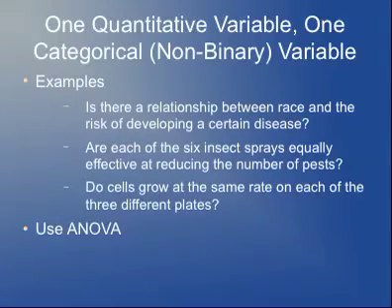And today we're going to do kind of a generalization of the t-test, where you have one quantitative variable and one categorical variable that's non-binary. If you'll recall the insect sprays example from the first homework, or I guess that was the second homework, we had 6 different insect sprays and the number of insects that survived each spray. You want to test the null hypothesis that there's no difference across these 6 sprays.